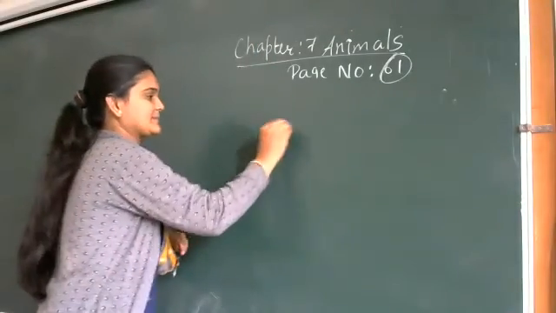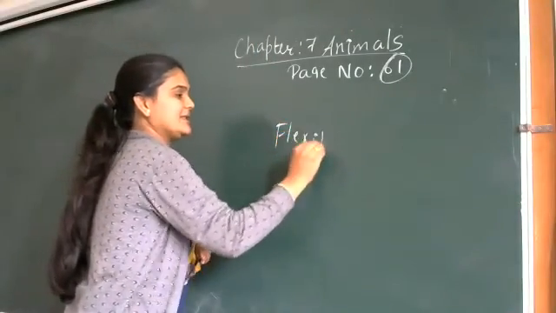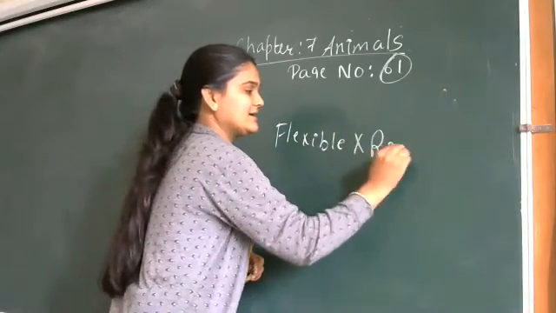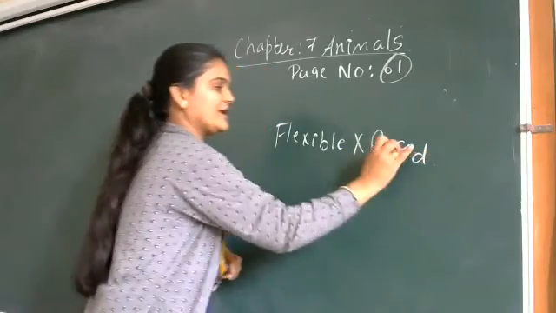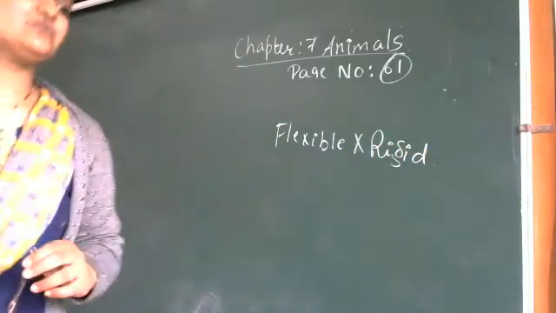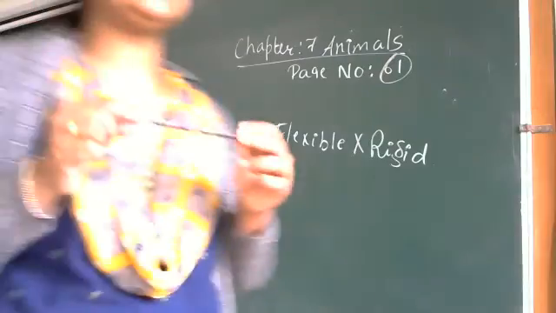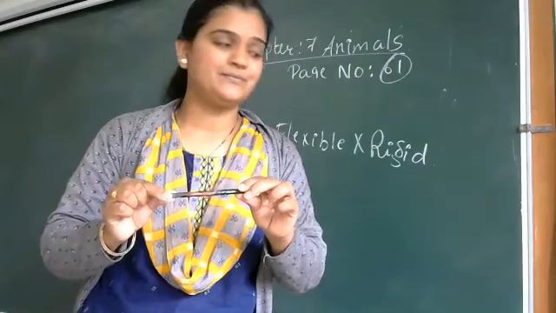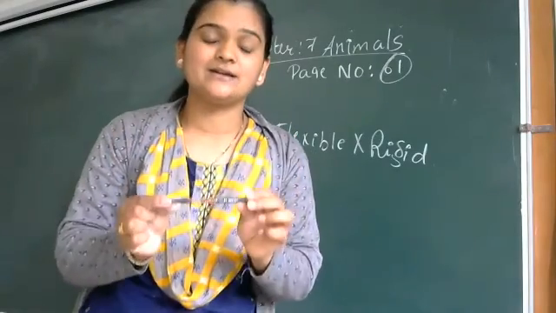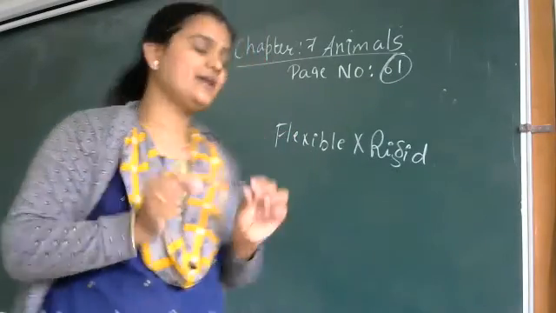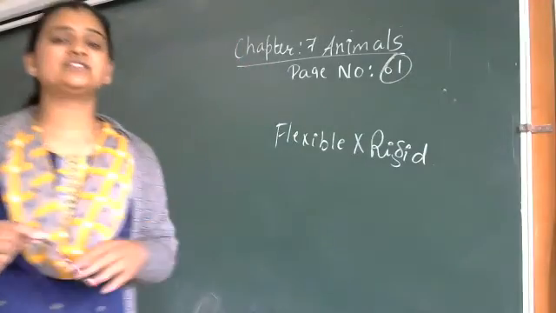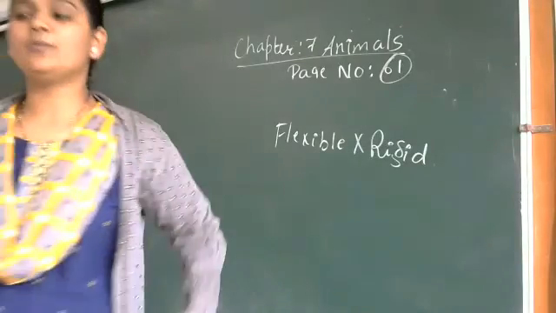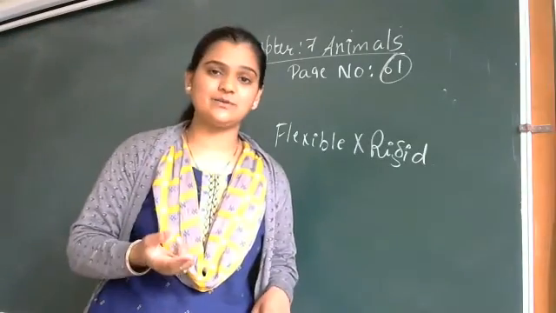Flexible, the opposite word is rigid. Here the pencil is rigid. It cannot be altered, it cannot be bent. This is known as rigid. But what about the scales of the fish? They are flexible. They do not disturb their movement.